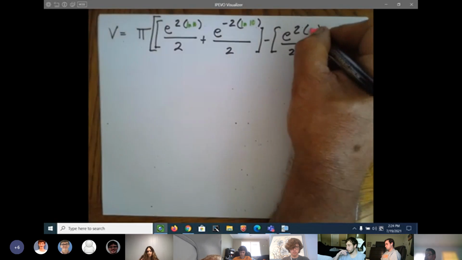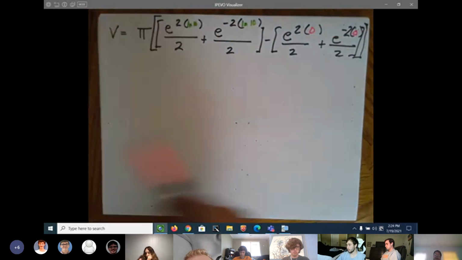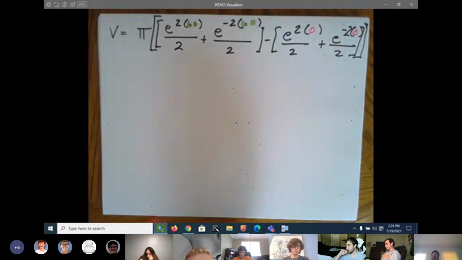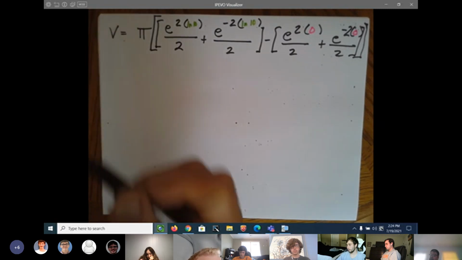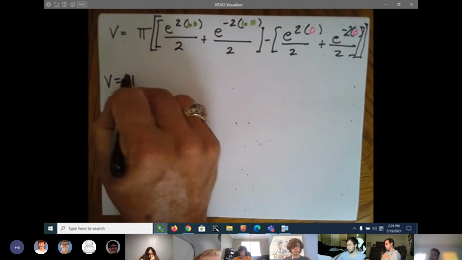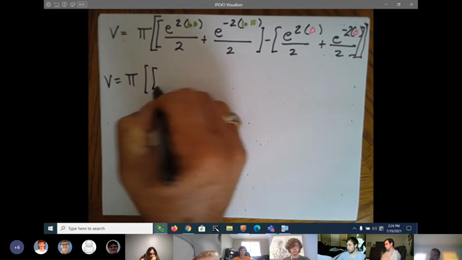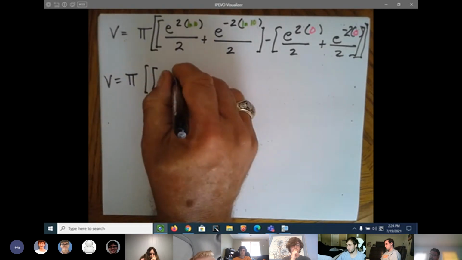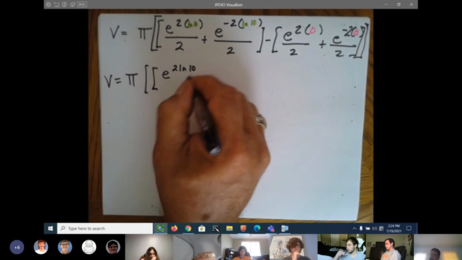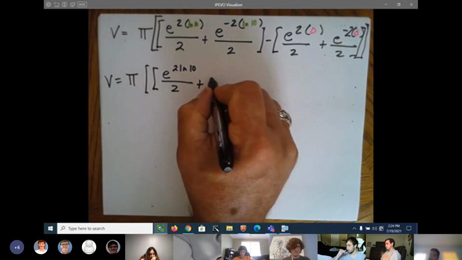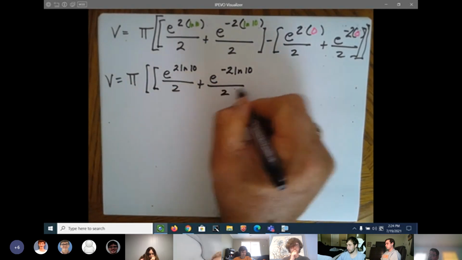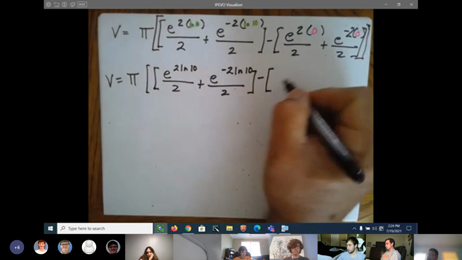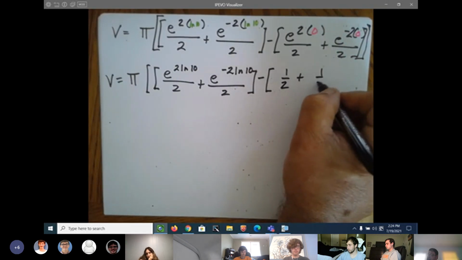Well, why didn't I cross 0 out like I always do? Because here, e to the 0 is 1, and you can't cross it out because it becomes a number. So that's going to give me V is equal to pi, e to the 2 natural log of 10 over 2 plus e to the negative 2 natural log of 10 over 2, minus 1/2 plus 1/2.